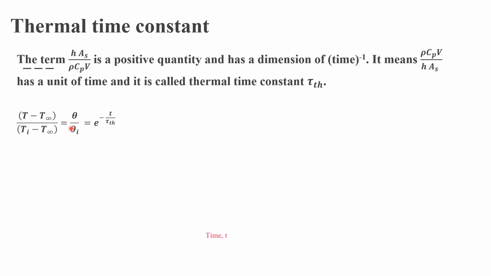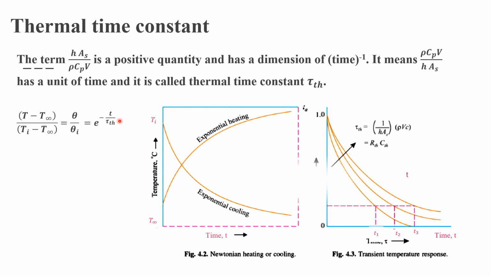Therefore, I can write the same expression as (T minus T infinity) by (Ti minus T infinity) equal to e power minus t by tau thermal. Now this graph I can easily explain, since this expression contains an exponential term. The heating or cooling process can be defined as Newtonian heating or Newtonian cooling.